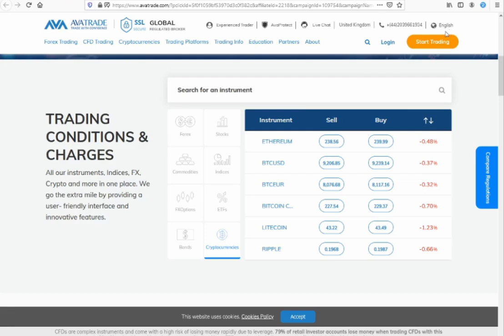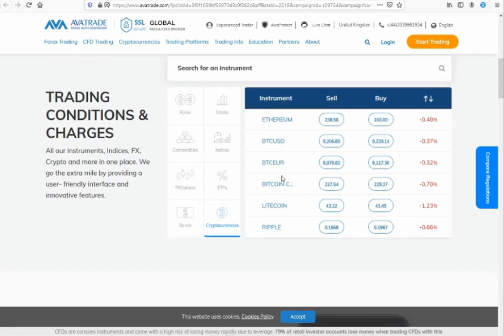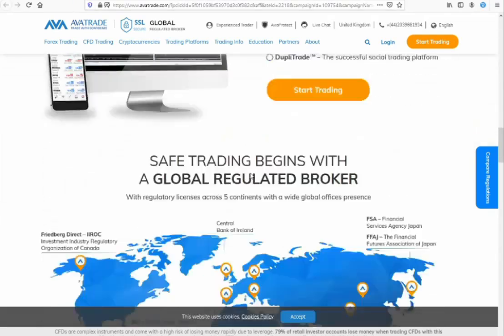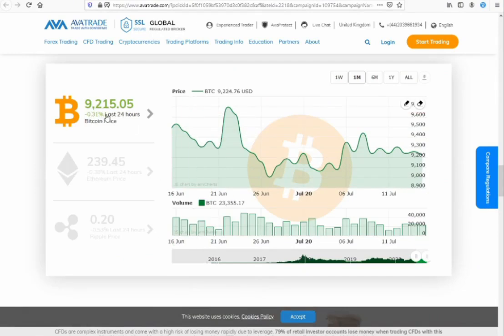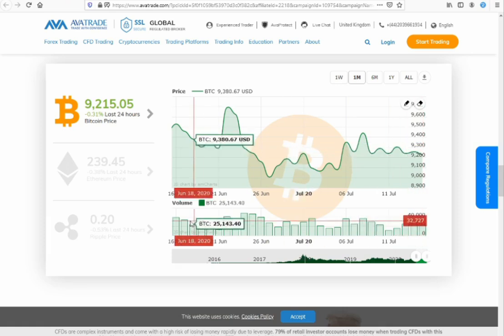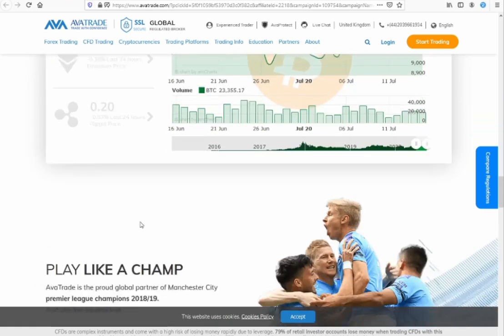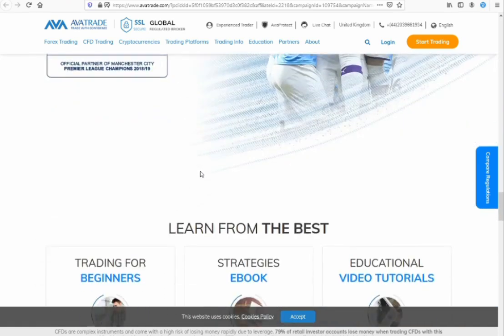So with cryptocurrencies, you have to check with the broker, are you actually buying the underlying currency or you're trading a CFD on the currency? Yeah, this is the price I was expecting on Bitcoin. So even when the price is here, I don't know if this is CFD or if you're buying underlying Bitcoin. You'd have to check the details with each broker that you want to potentially trade with.